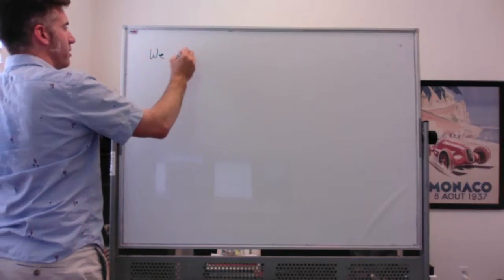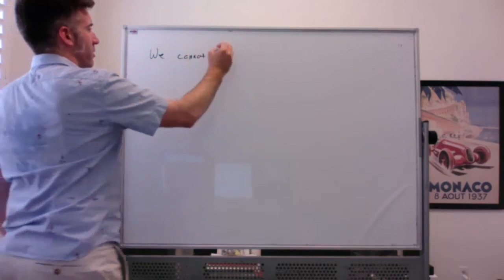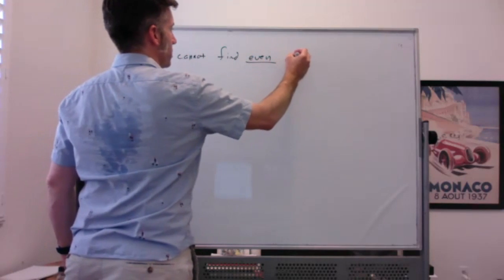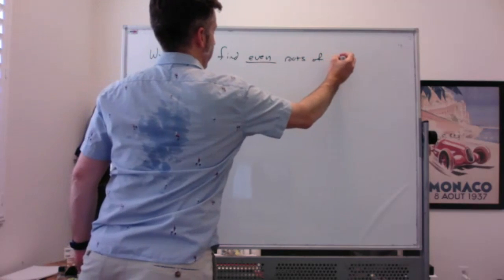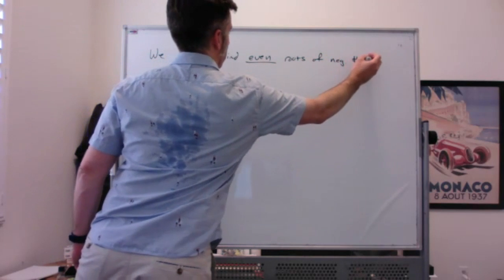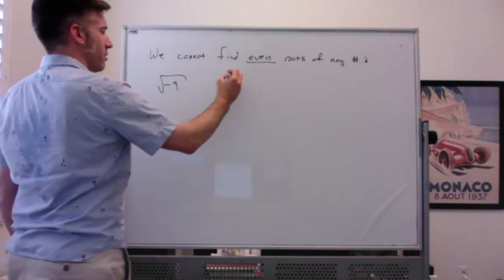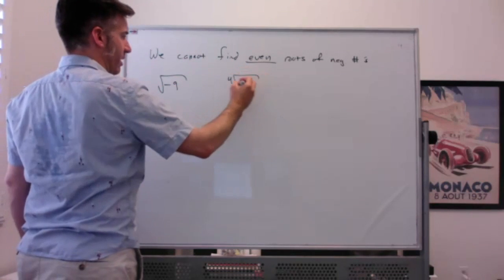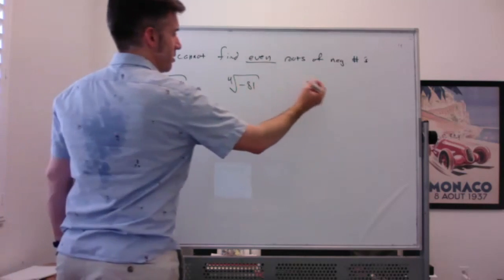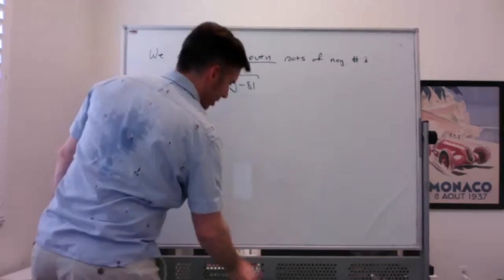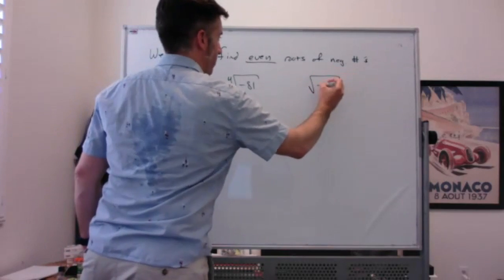In fact, I should write that down. We cannot find even roots of negative numbers. For example, the square root of -9, the 4th root of -81, the square root of -25.